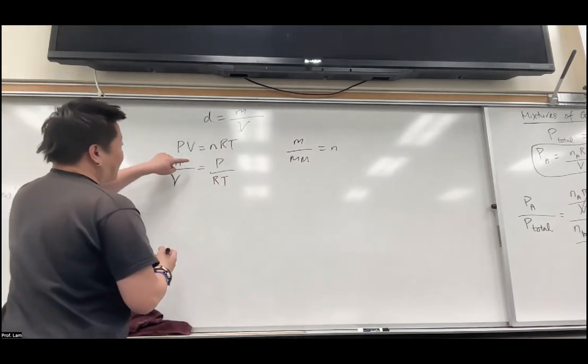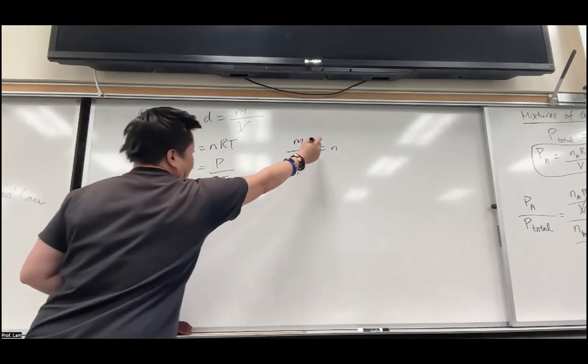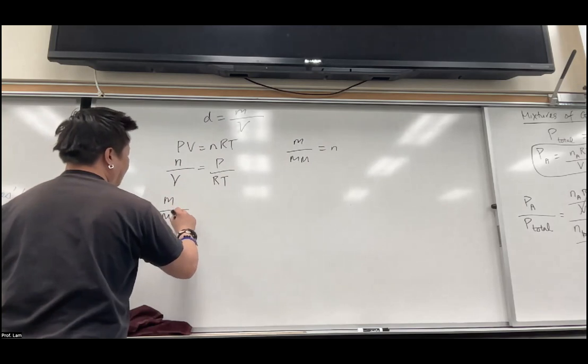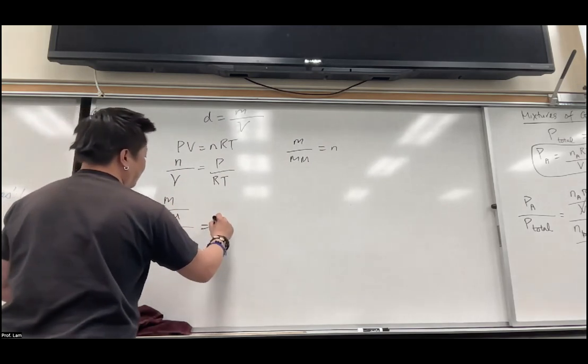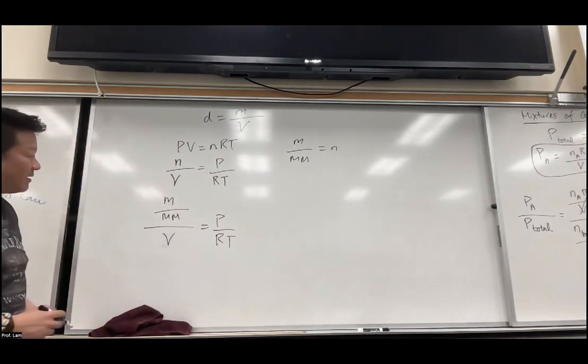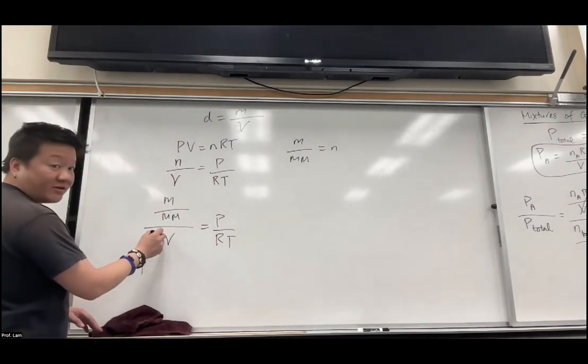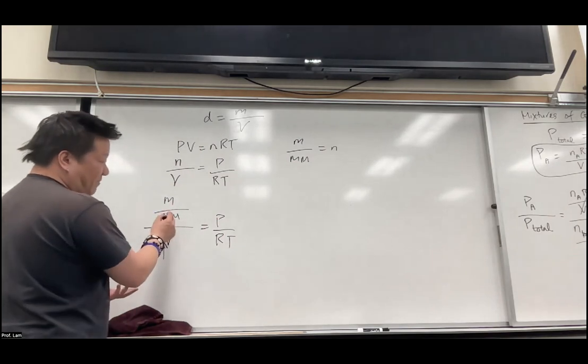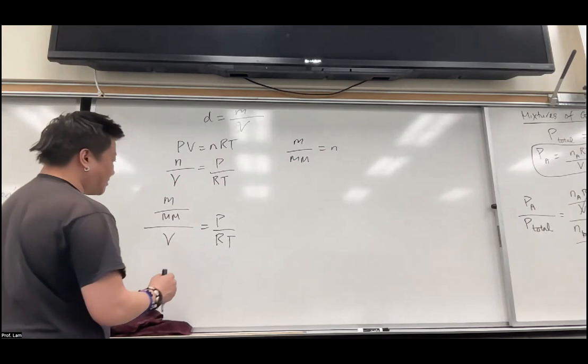So I can now substitute n as m over molar mass, over V, is equal to P over RT. So that was n, right? And so now I have an m over V. But molar mass here is at the bottom, so I should multiply it and bring it to the other side.